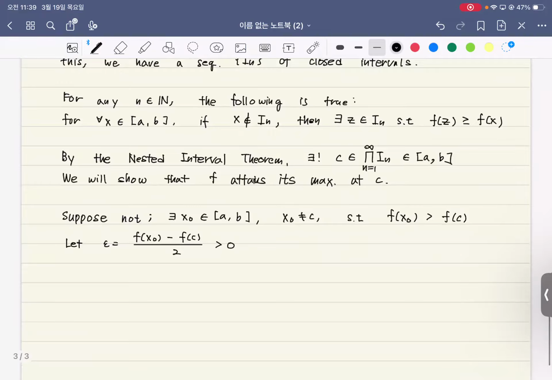And since my function is continuous at this point C, there is a delta such that if x is in the delta neighborhood of C, then f of C minus epsilon is less than f of x is less than f of C plus epsilon.